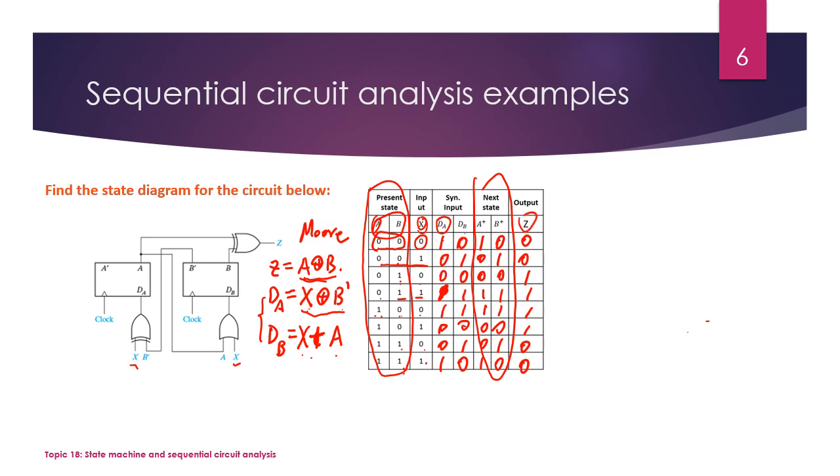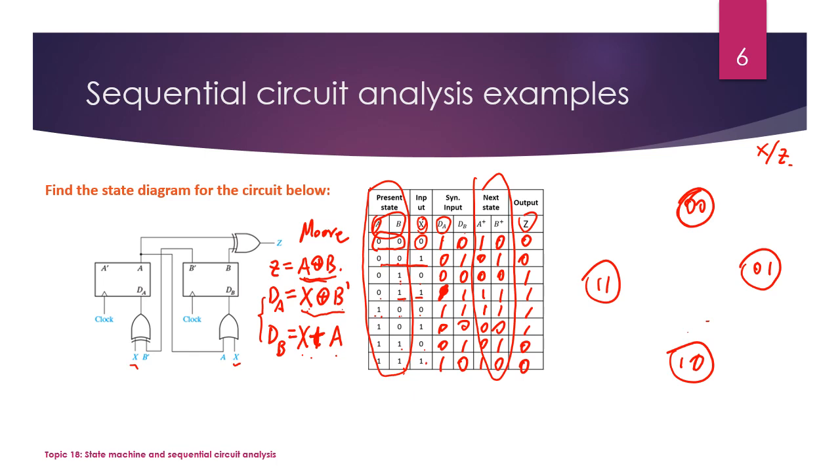Now we are ready for the state diagram. But the first thing is to determine how many states we have, right? So we have 2 flip-flops, which means we have 4 states maximum. But how the transition works depends on X, right?